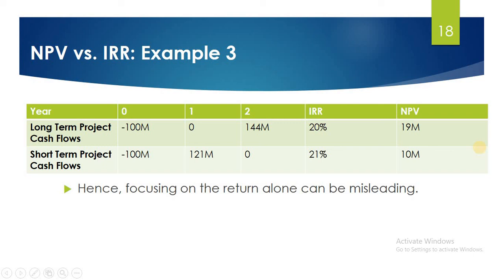So based on NPV, the long-term project is much better than the short-term project, whereas based on IRR, the short-term project is slightly better. So again, we can see that IRR gives us misleading outcome.